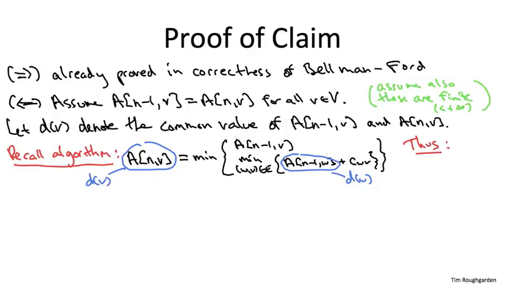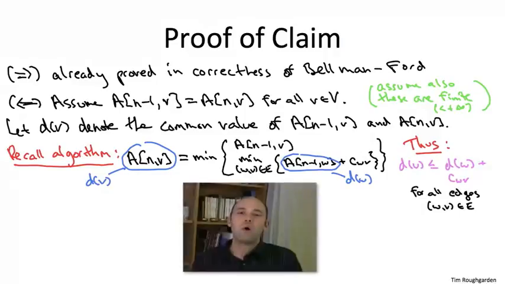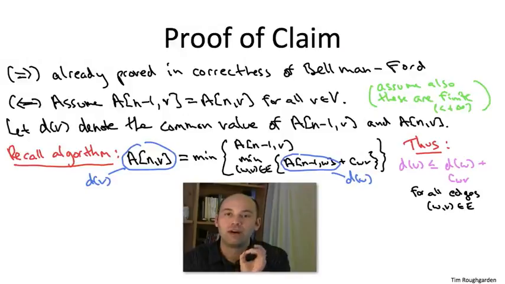So in particular, for a given choice of the last hop w, v, we get that d of v is at most d of w plus the length of the edge from w to v. Really, all this inequality is saying is that one way to get a path from s to v is to take a path from s to w and concatenate the final hop w, v. The shortest path to v can only be better than this one particular candidate that goes via w.